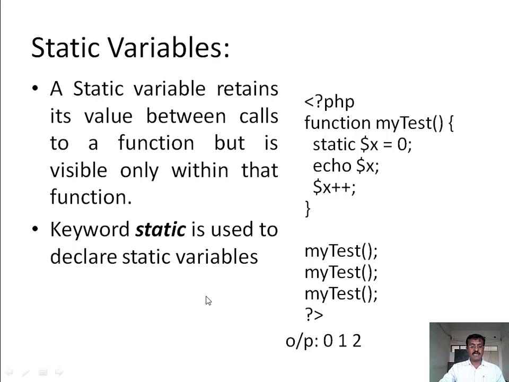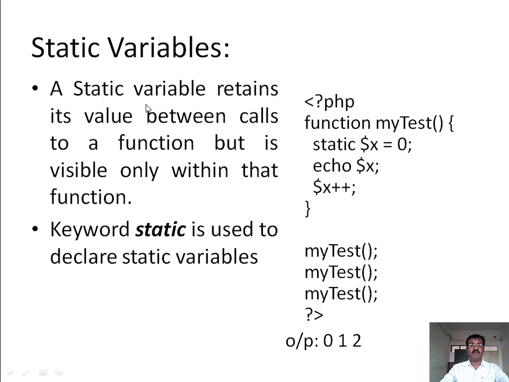Next is the static variable. A static variable retains its value between calls to the function, but it is visible only within that function. Usually, when I take a local variable and come out of the function, the variable will be reset to some initial value.